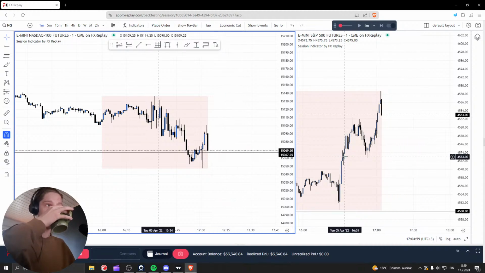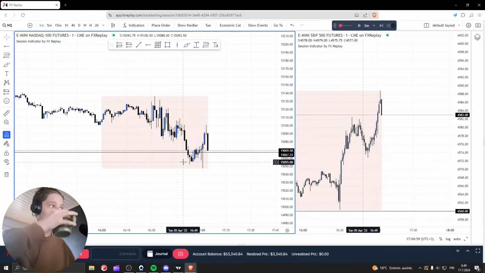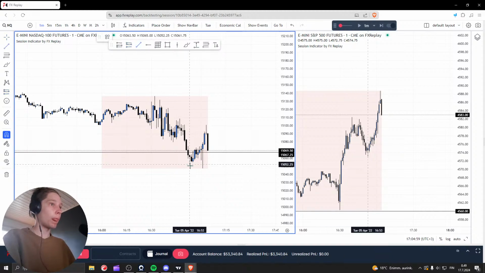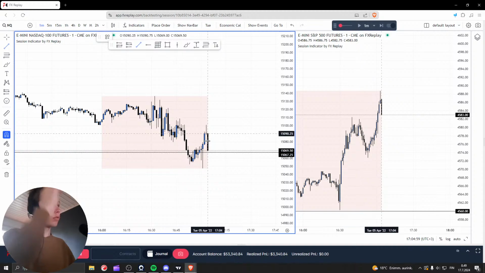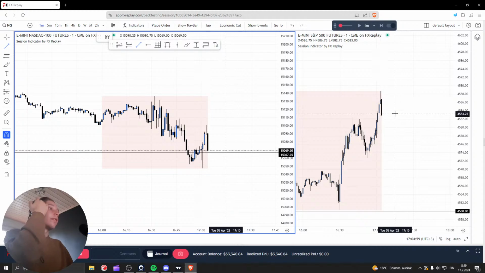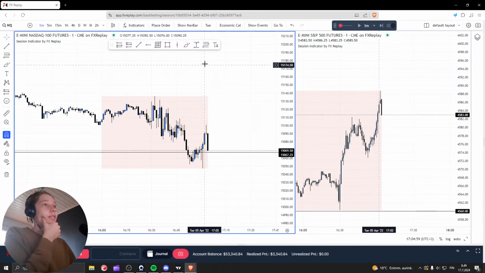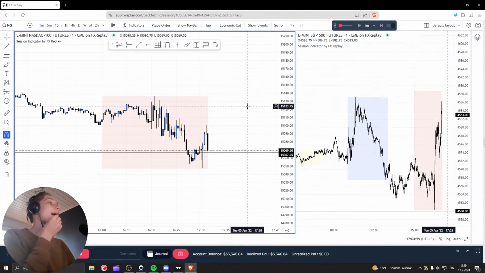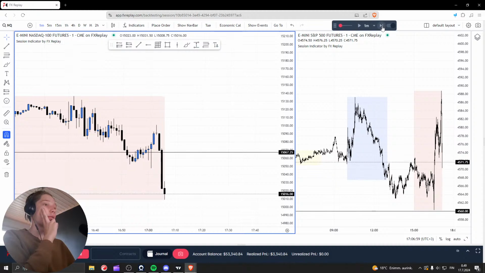ES is running higher, first that low, the first bullish SMT. Although the indexes are not lining up in any single way, which I don't like, so I'm just going to stay out.